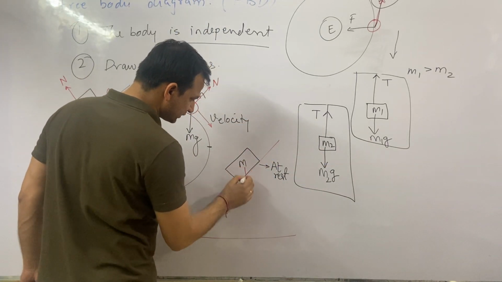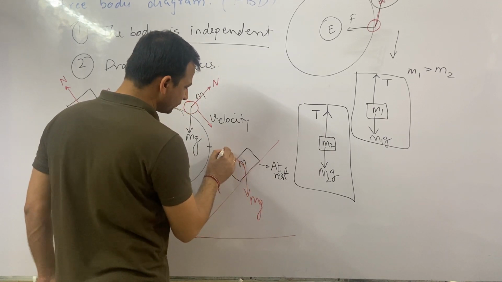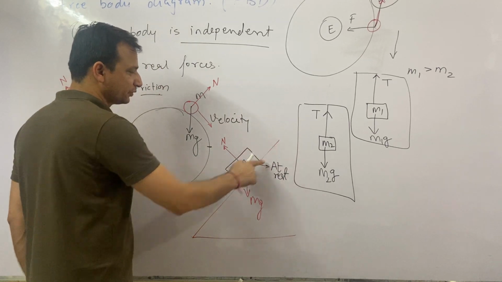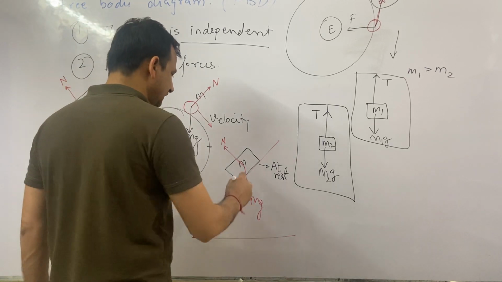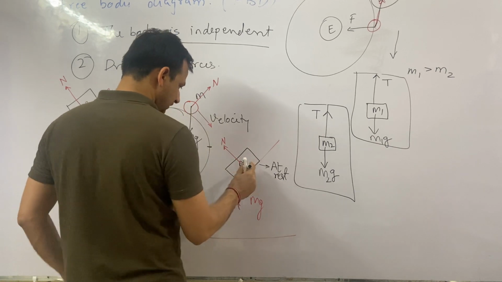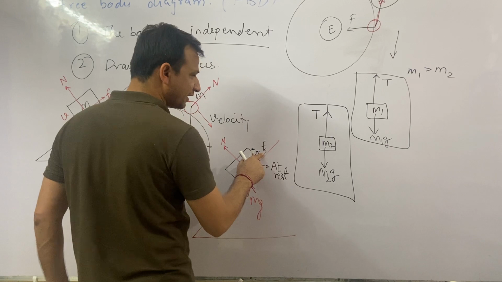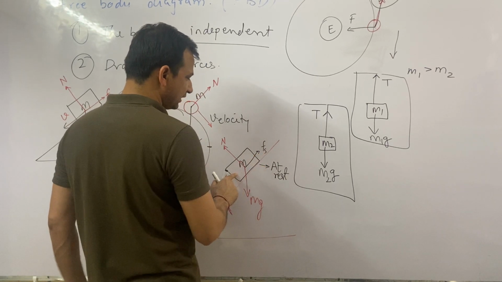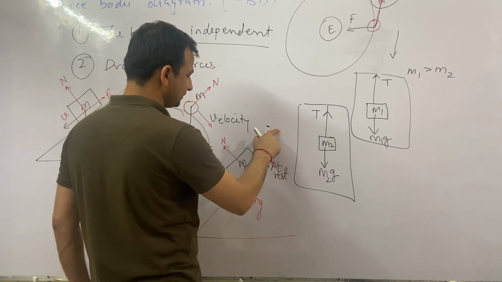So one force mg is downward, another force N is perpendicular to the surface of this slope, and the other force, Fs, now I'm using Fs, S for static friction, Fs towards the upward side.